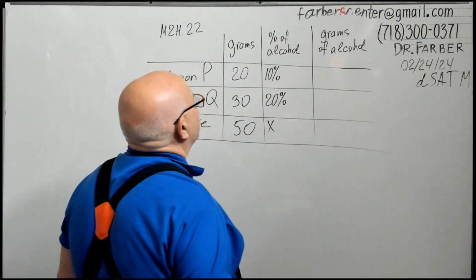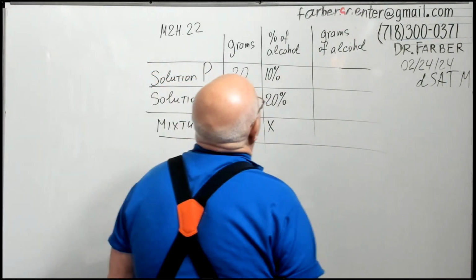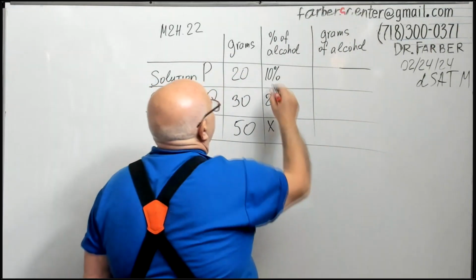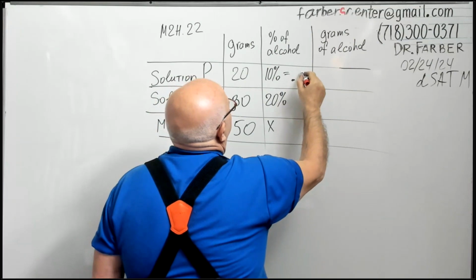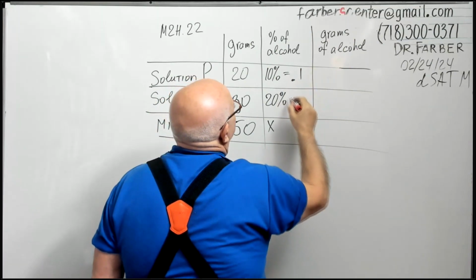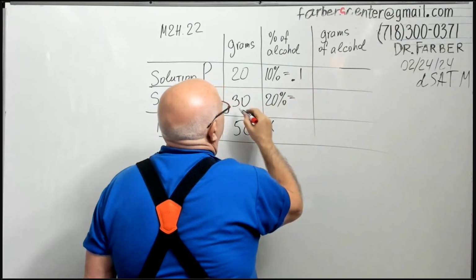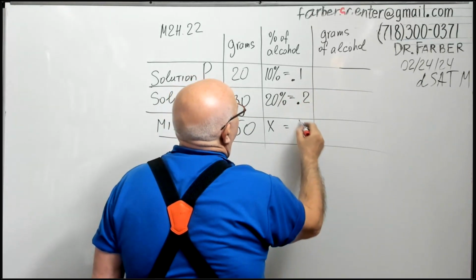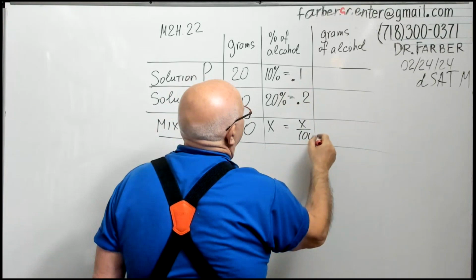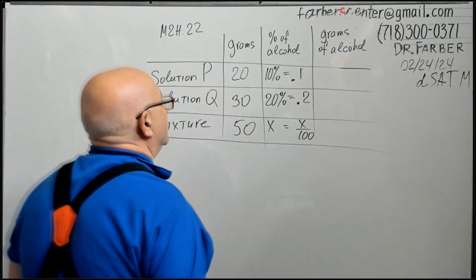Instantly convert this percent to a number. How do you convert? You divide by 100, right? Move the decimal to the left. It's the same as 0.10 or 0.1. If you divide by 100, it's 0.2. It's the same as x over 100. You always convert percent to a number.